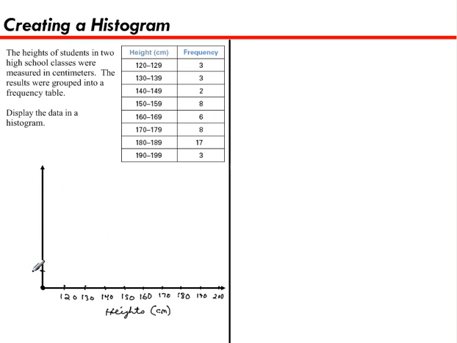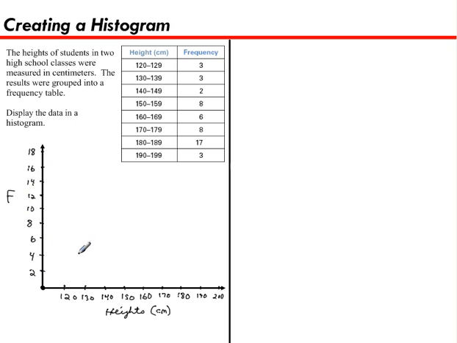So the first dash I'll call 2, then 4, and 6, and so on. There we go, all the way up to 18. Now typically on the y-axis we would say, for a title, frequency. I'm running out of room here, I'm just going to say F. But on paper, go ahead and put frequency for your y-axis just to show people that's what it's all about.